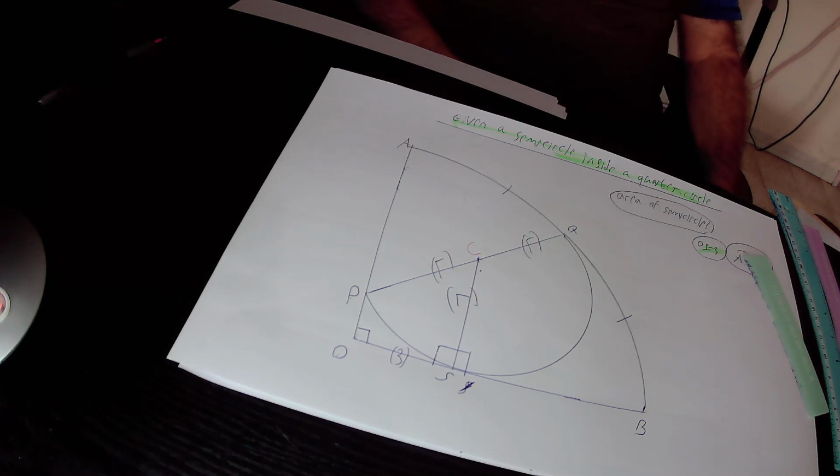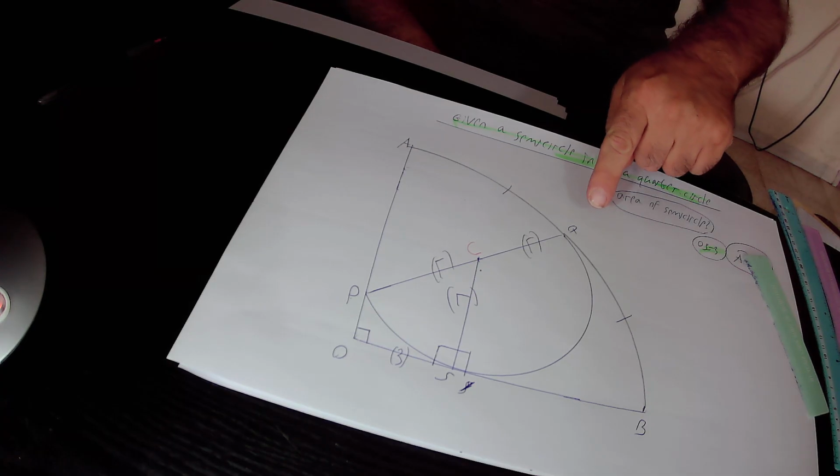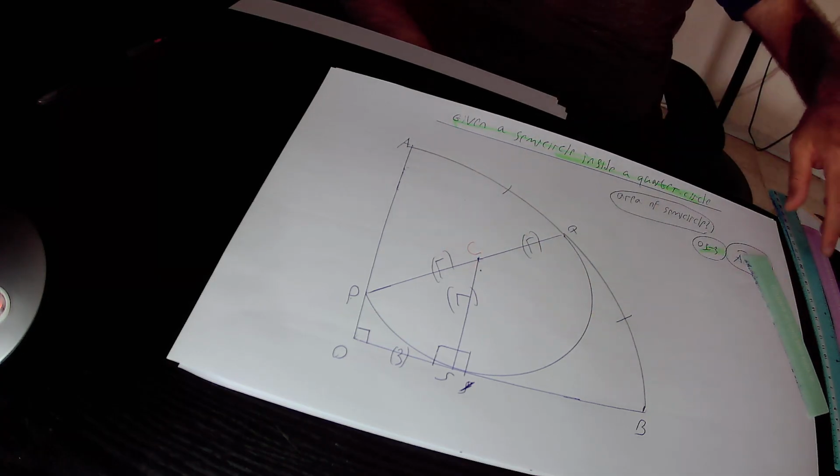So, in the next step, we will do a construction. That is to say, from point Q, we will draw a perpendicular on OB. Again, from point Q, we will draw a perpendicular on OB.